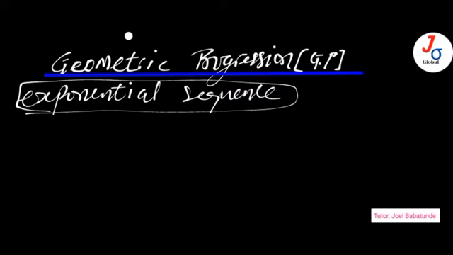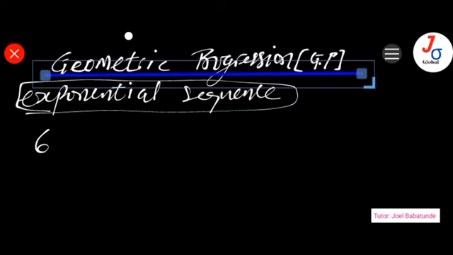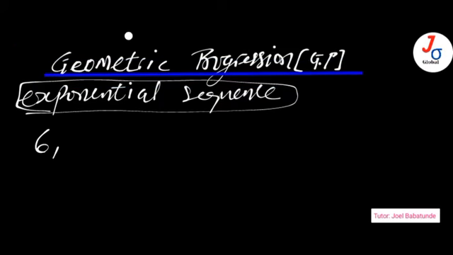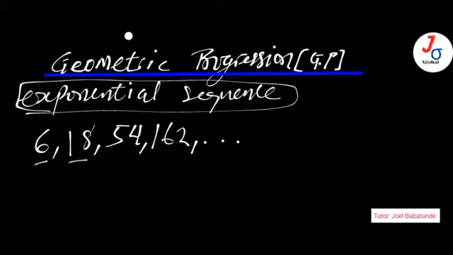So what do I mean? Let's say that we have 6, 18, then we have 54, then we have 162, and so on. So how does the first term differ from the second term? How does the second term differ from the third term?